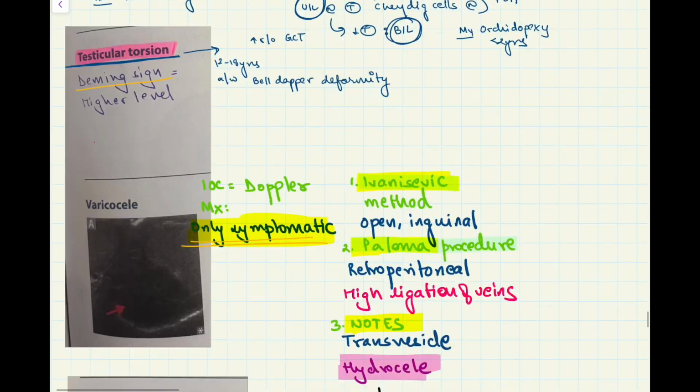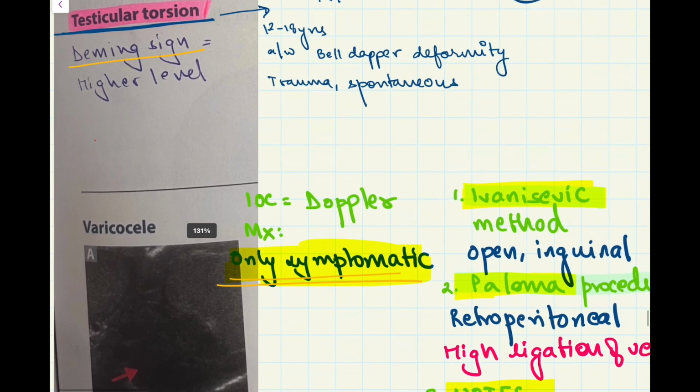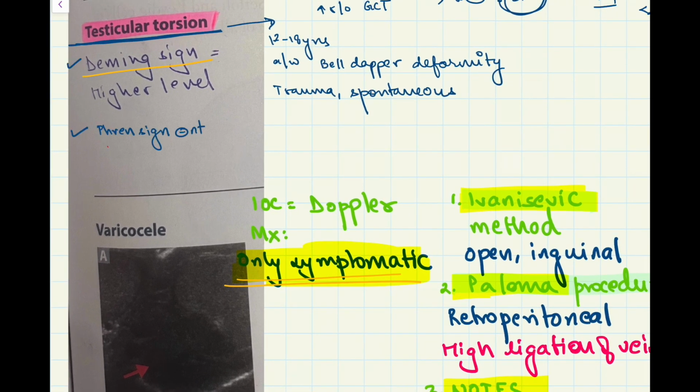Then there may be an inciting event leading to torsion, like trauma, or it may be a spontaneous event, right? It is characterized by pain in the testes, and Prehn sign is decrease in pain on lifting the testes. So this is not true here. So Prehn sign is negative.